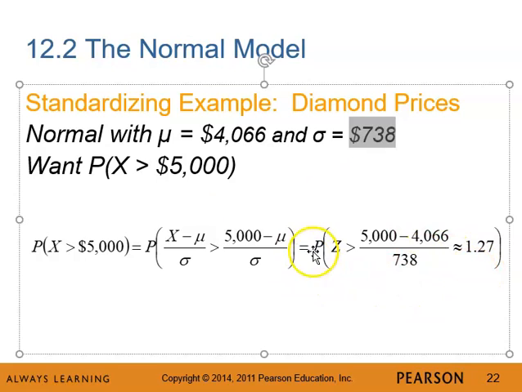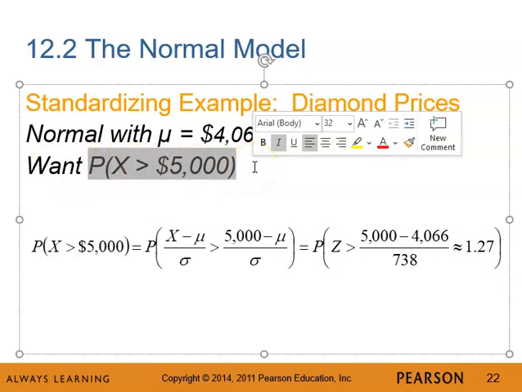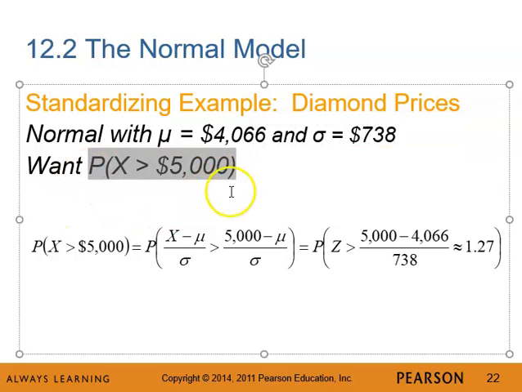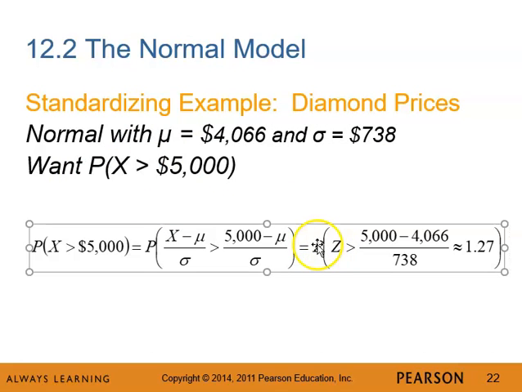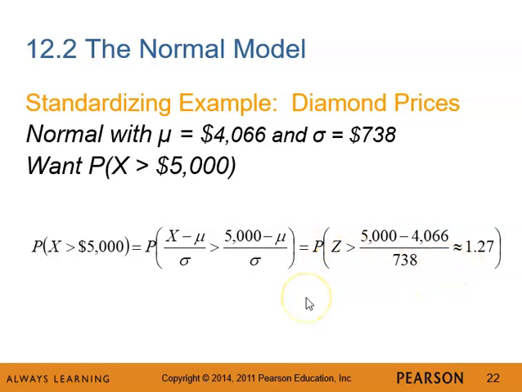So to calculate the probability of x to be more than $5,000, or the price of the diamond to be more than $5,000, we actually can calculate the probability of z, which represents the standard normal distribution, to be more than 1.27.